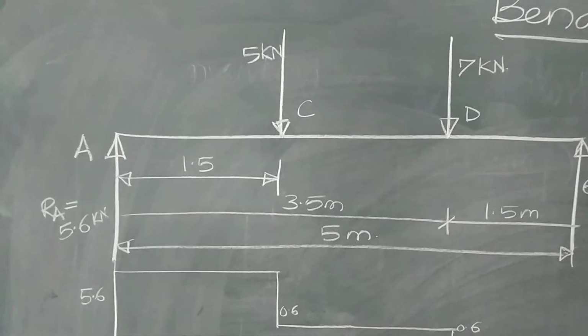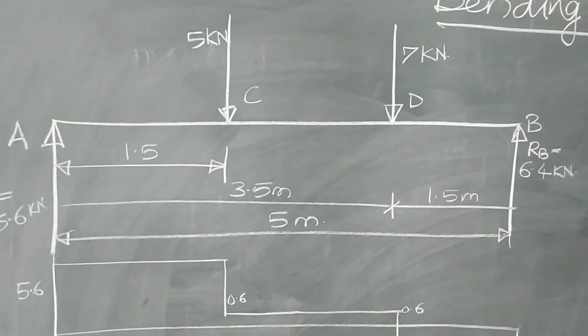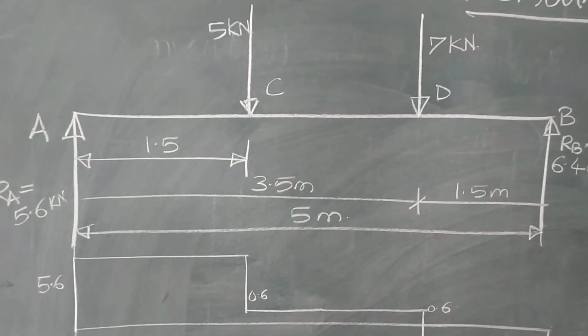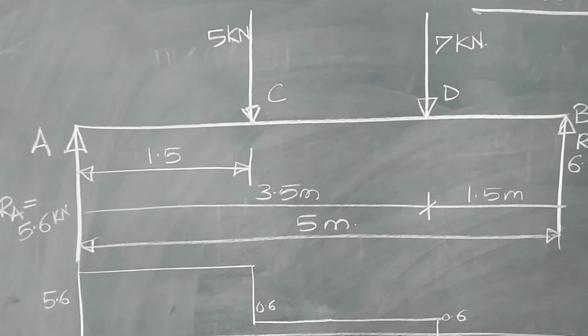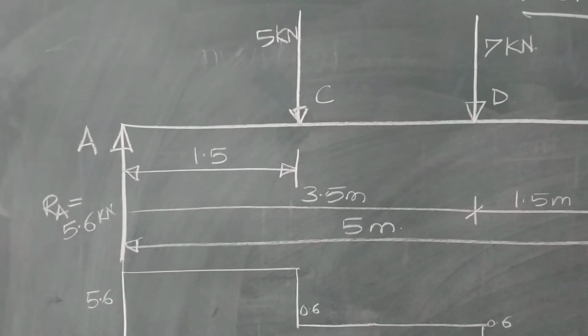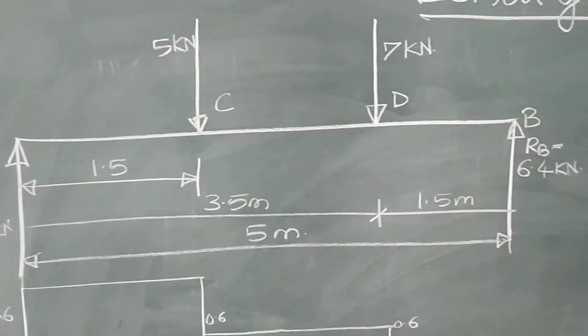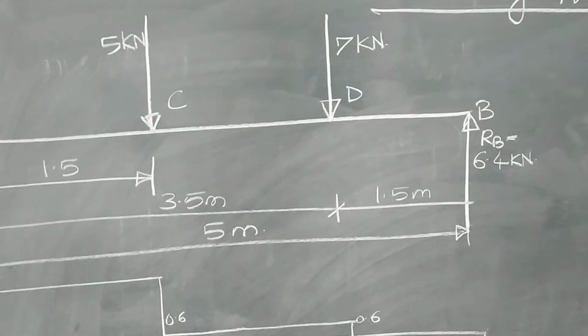I will give the link of that video in the description. RA we have calculated as 5.6 kilonewton, RB as 6.4 kilonewton.